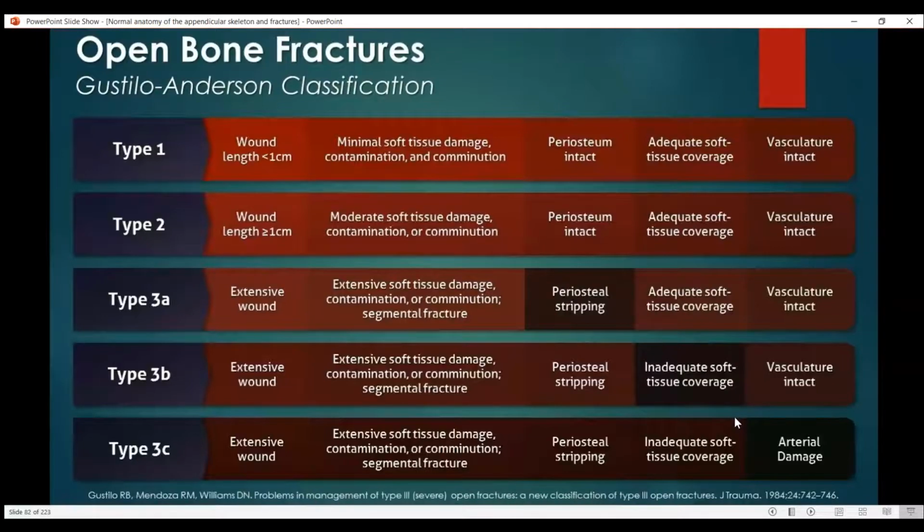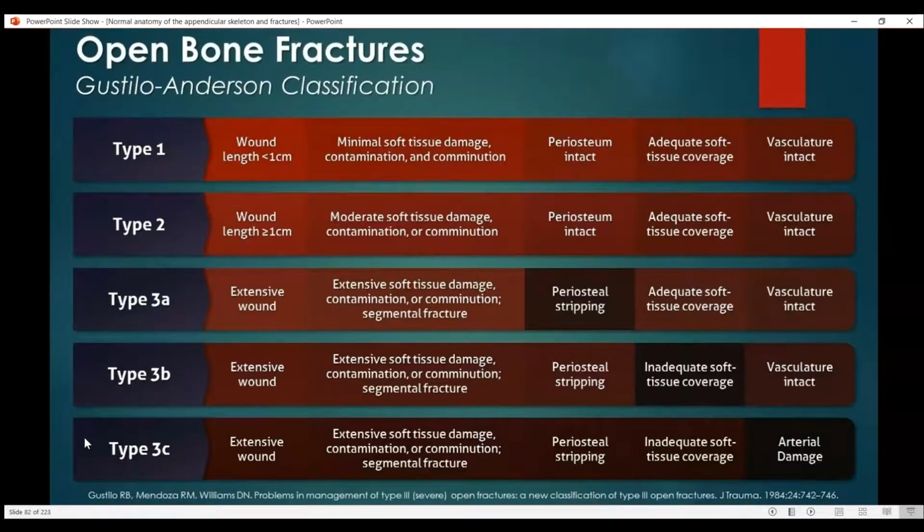The arterial damage can happen when a fractured bone pierces a major artery and causes a lot of hemorrhage. So there is associated arterial damage with type 3C in the Gustilo-Anderson classification. That is what you have to remember.